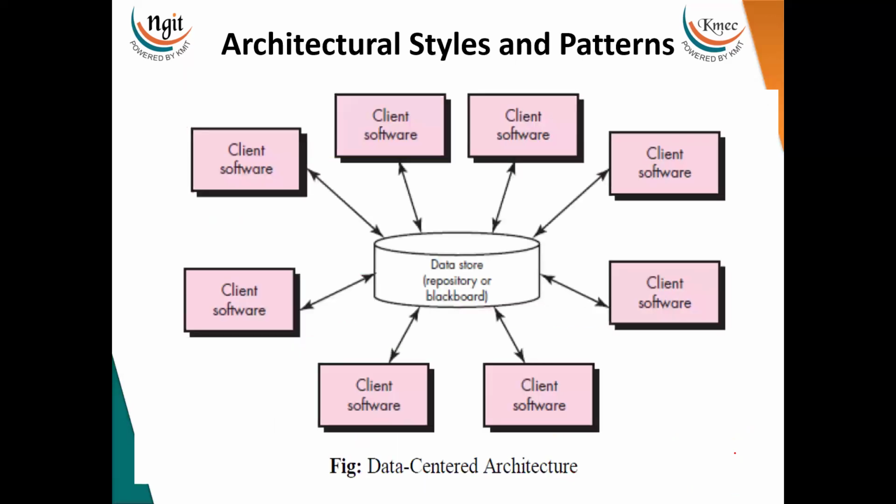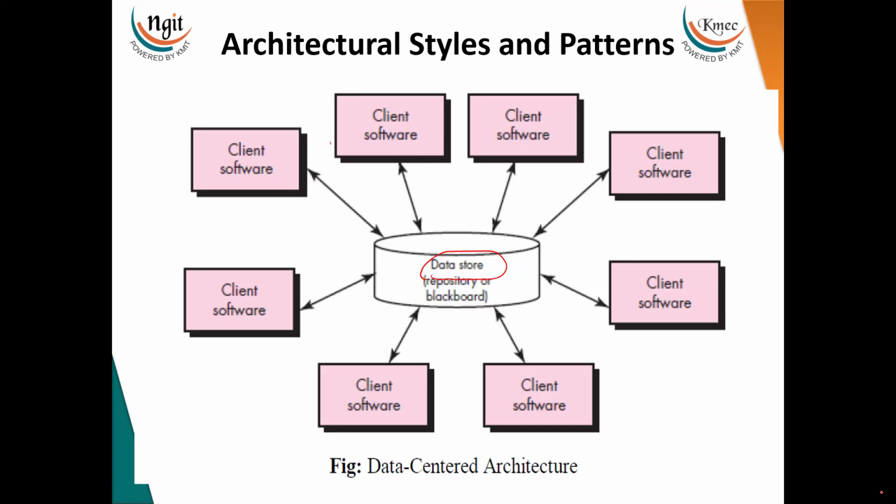So then we have architectural style and patterns. Under architectural style and patterns, the first one we are talking about is the data-centered architecture. So a data-centered architecture has a data store. You can see it is mentioned here in this example, the data store, repository or blackboard is mentioned. So a data store resides at the center of this particular diagram.